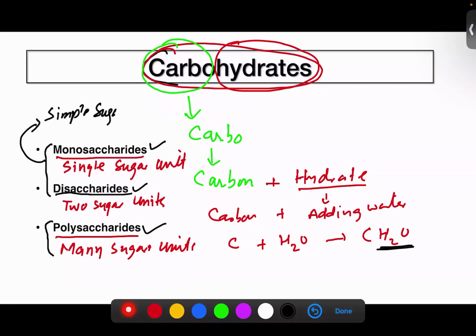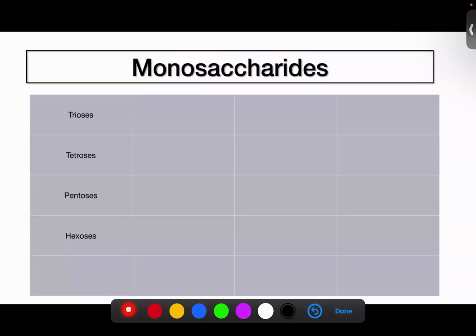Okay, so let's see monosaccharides first. Monosaccharides consist of a single sugar unit. Mono stands for single, and saccharide is for the sugar unit.